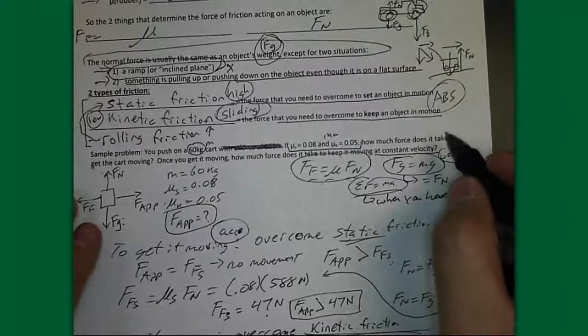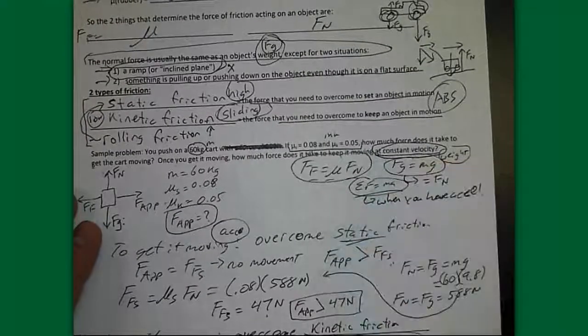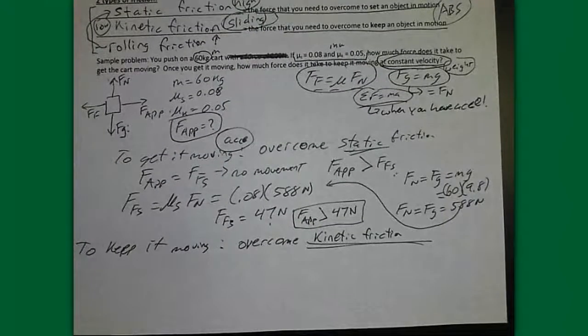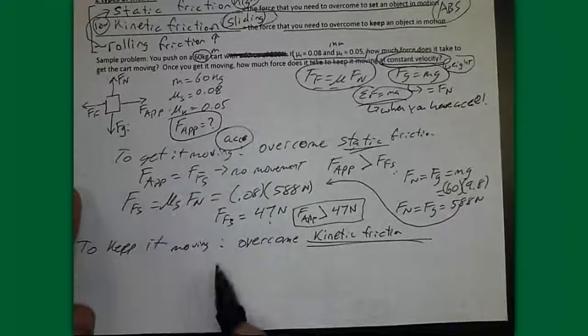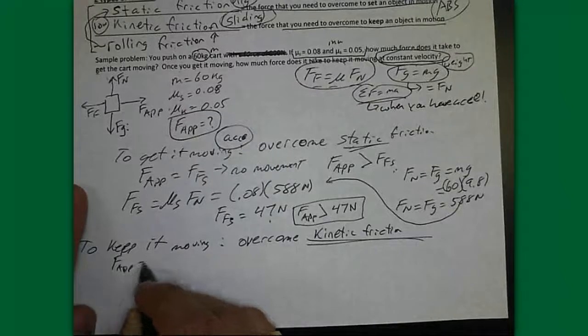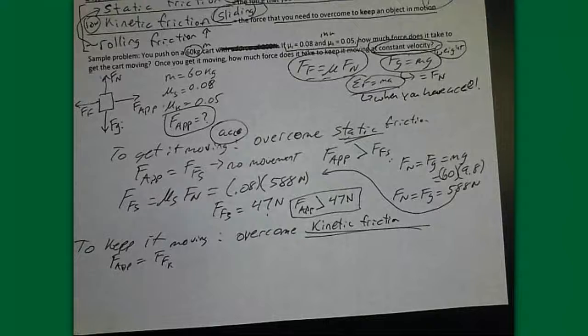If we are moving at constant velocity, that's a very important thing to know, because that means we have no acceleration. And if we have no acceleration, that means now our forces are balanced. In other words, my applied force this time must be exactly equal to whatever the kinetic frictional force is in order to get it to move at constant velocity.